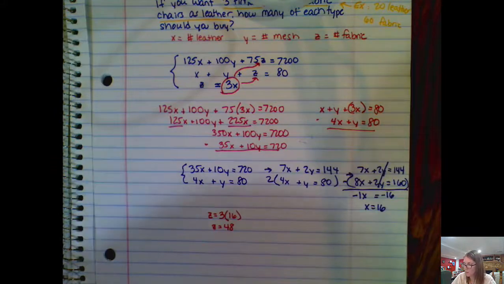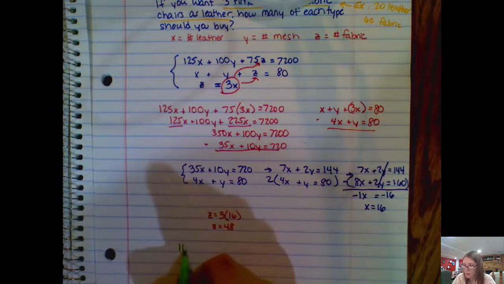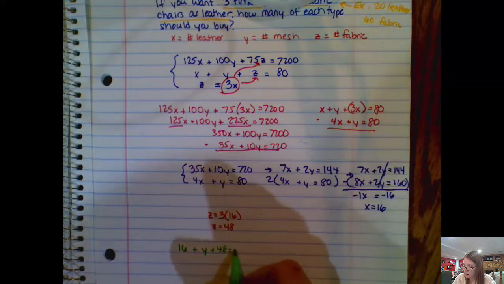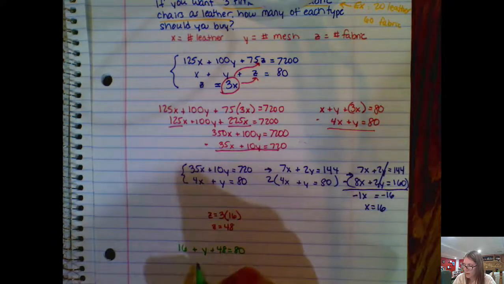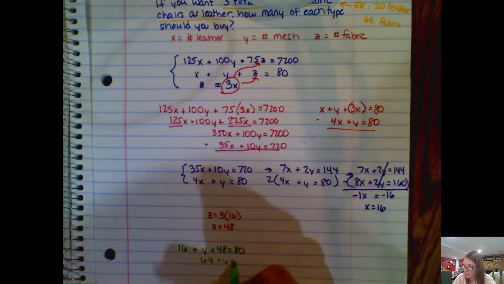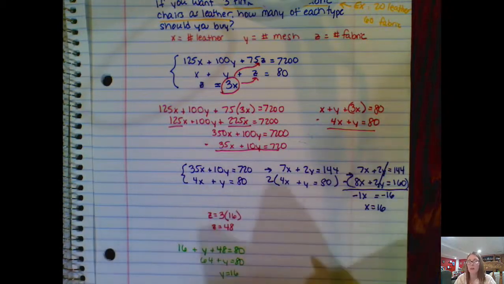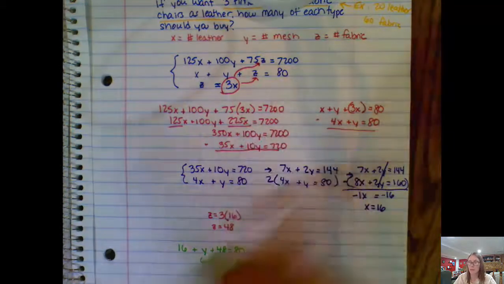Let's plug that in. x plus y plus z equals 80. 16 plus 48 is 64. Subtract 64 from both sides. That means we also have 16y, which is our number of mesh chairs.